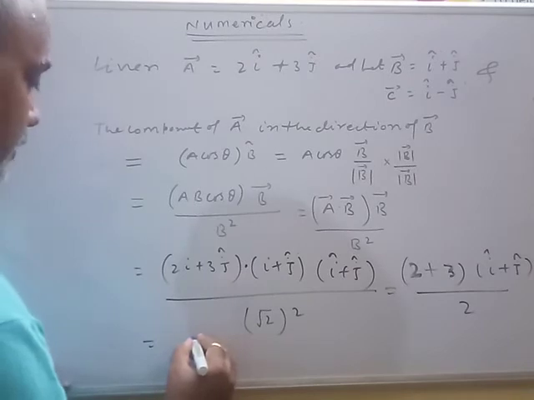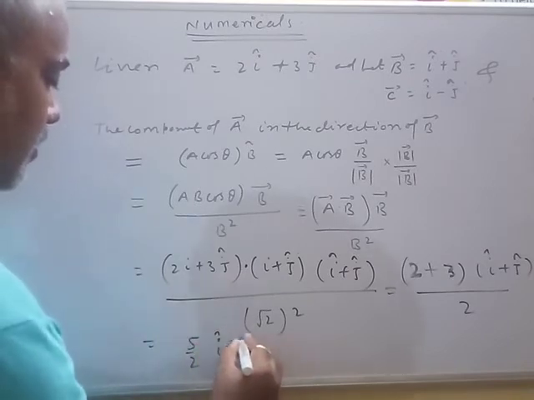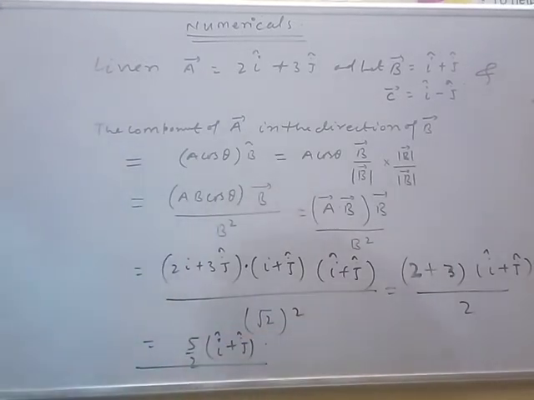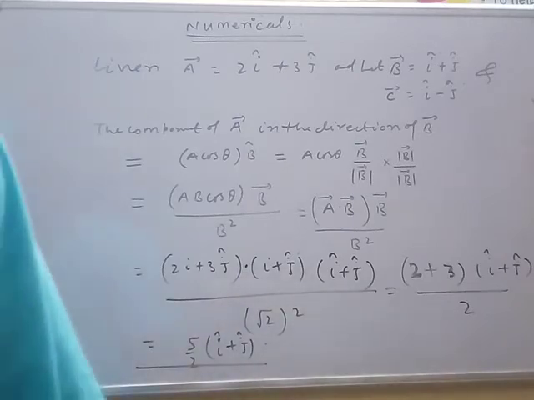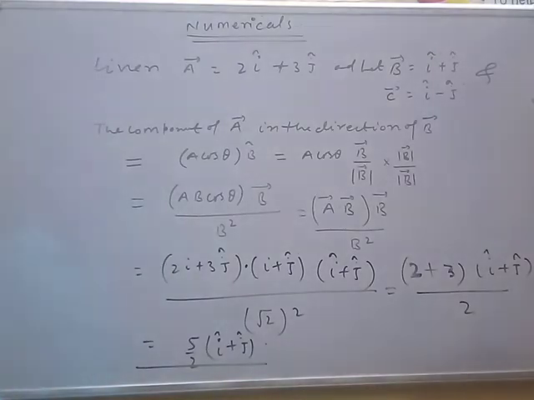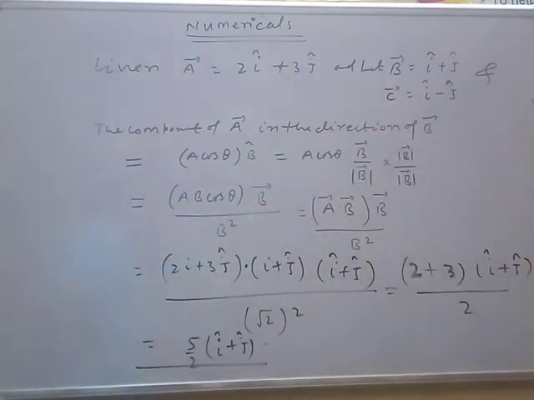Here it will be equal to 5 by 2 into I plus j. This is the component of vector A in the direction of I plus j. In the same manner, we may write the component of A in the direction of I minus j.